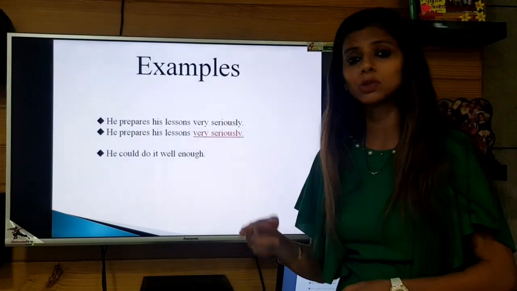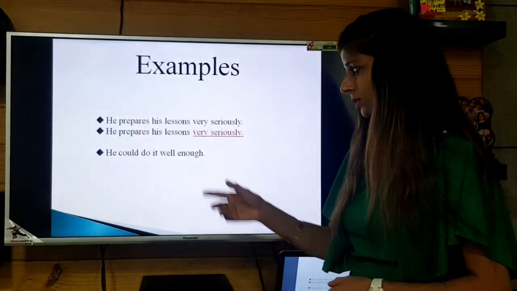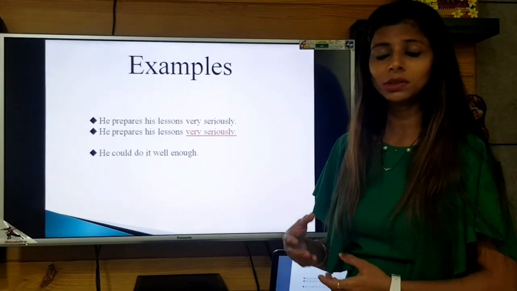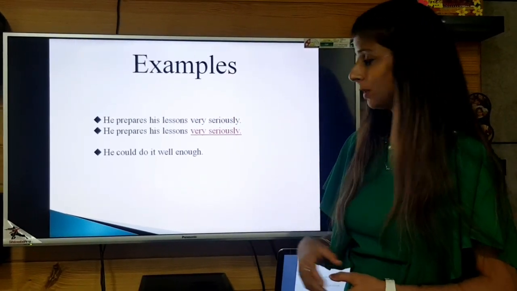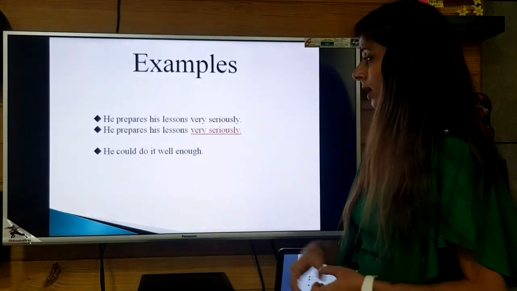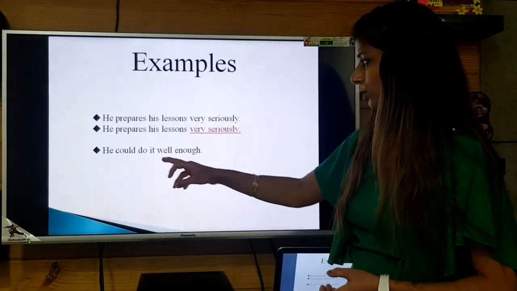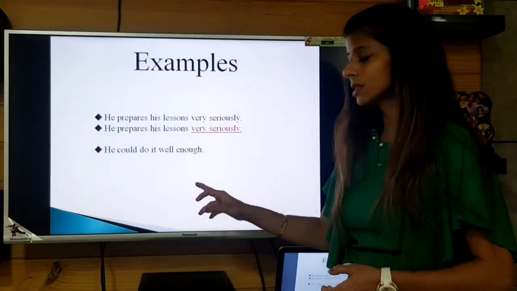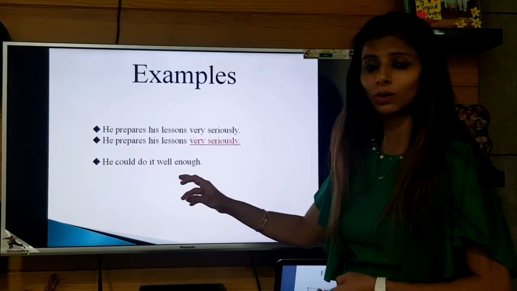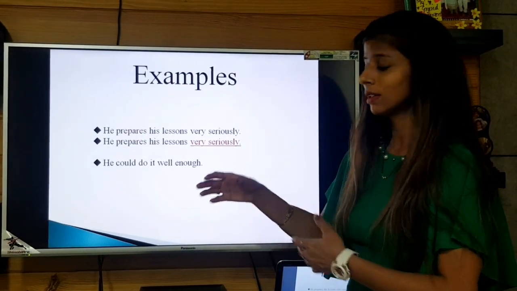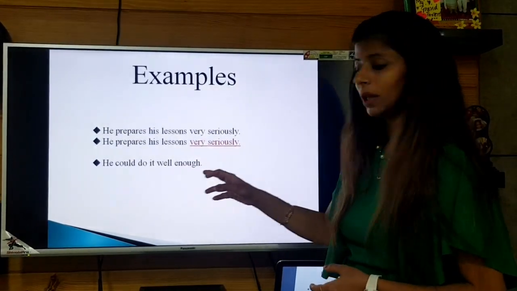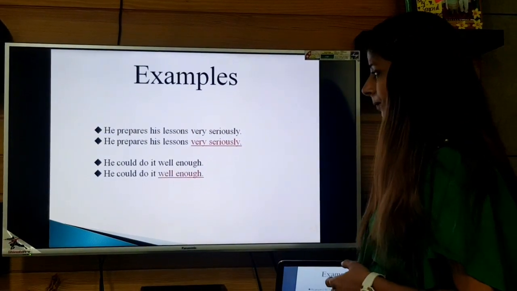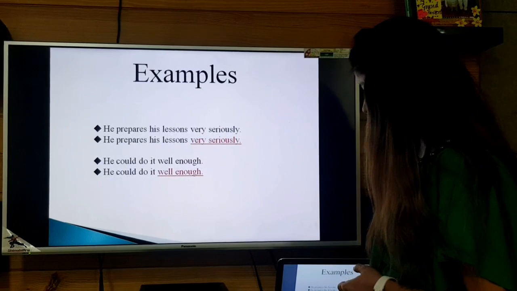As I have already mentioned in my lessons in the class, do is sometimes taken as a main action word and sometimes it can be used as a helping verb. So here we have used it as a main action word. Now we are talking about doing something and how that doing is done, that is, in a good enough manner, that is well enough. So this well enough is an adverb phrase here, right? So this is the spotting in this sentence.